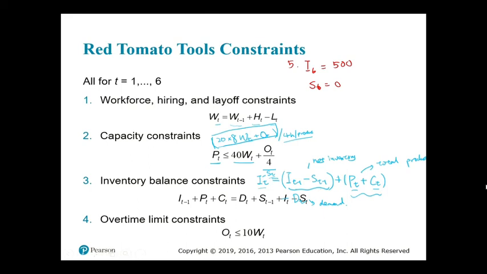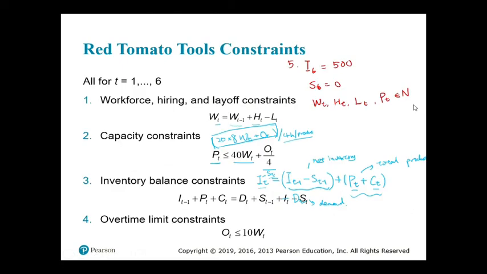And we have integer constraints, right, for the number of workers, number of people hired, number of people fired, and the number of products should be natural numbers, or including 0.